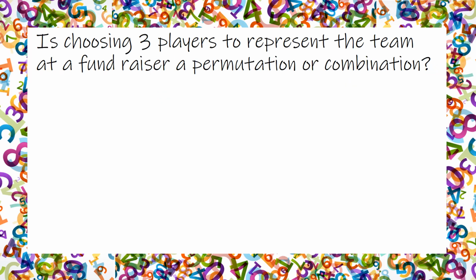If choosing 3 players to represent the team at a fundraiser, okay, is that a permutation or a combination? So if you're choosing 3 players out of the 12 that are on the team, that order does not matter. So combination, order does not matter.